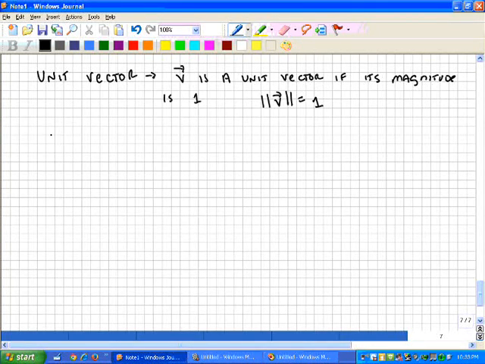There are two extremely special unit vectors. One we call i, sometimes referred to as i hat, but in your book it's a bold printed i. This is the vector ⟨1, 0⟩. Horizontal component is 1, vertical component is 0. So it's obviously a magnitude of 1.